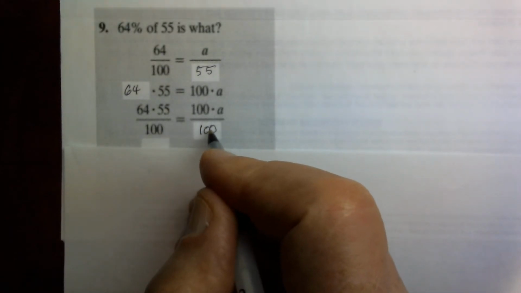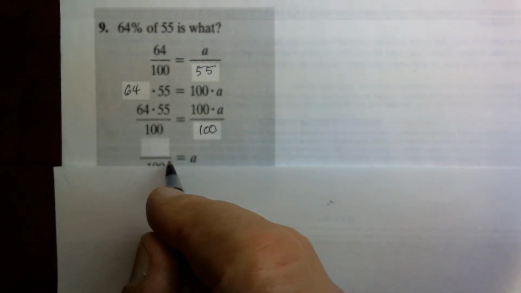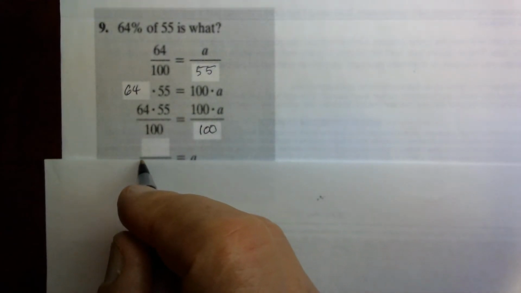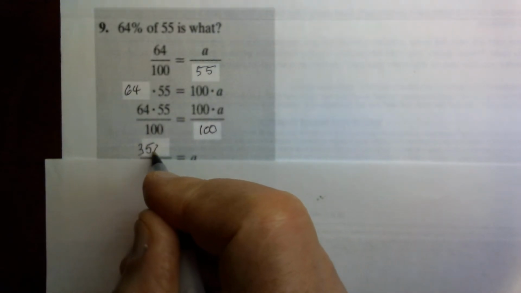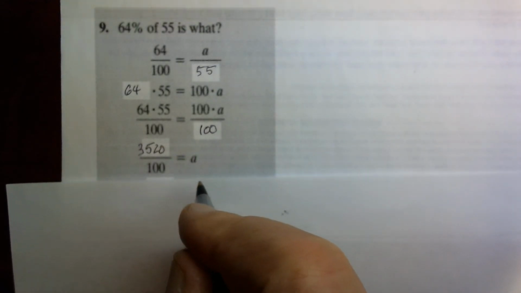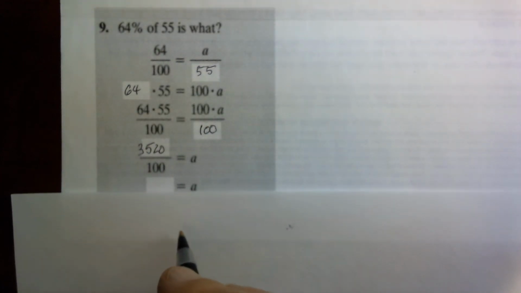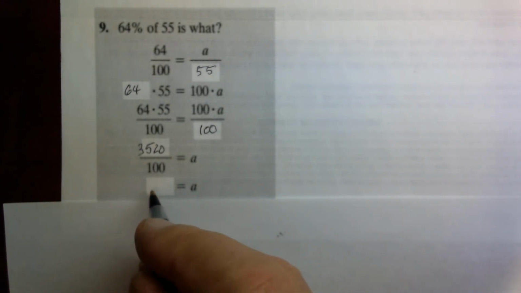And so that means we now have 3,520 divided by 100 is equal to A. Since the hundreds cancel, we isolated A. And by dividing by 100, A is equal to 35.2.